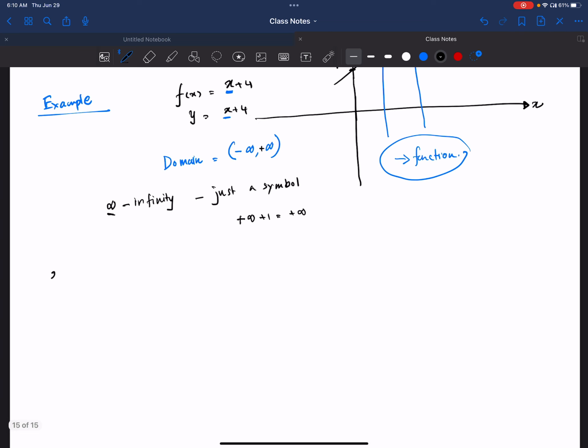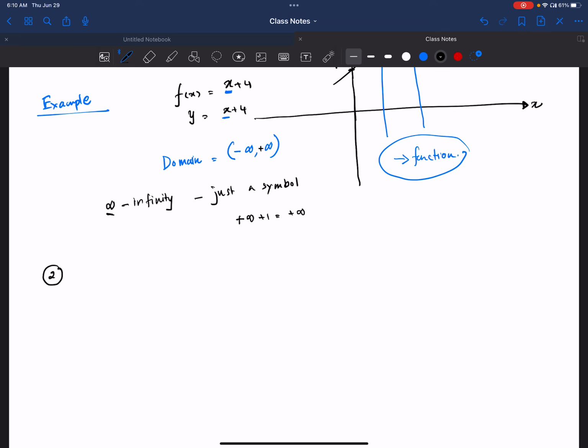Number 2 example. You have y equals square root of 2x plus 1.